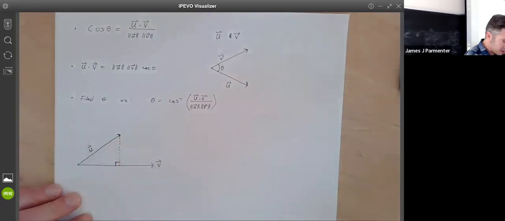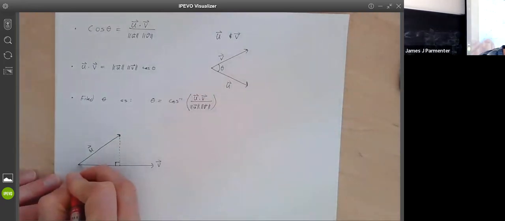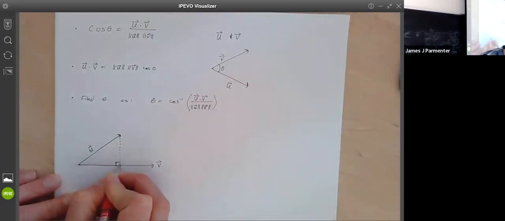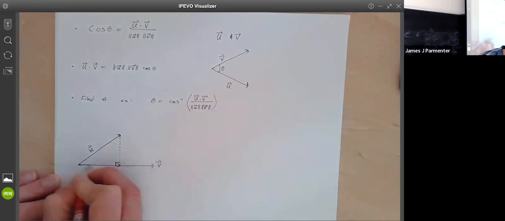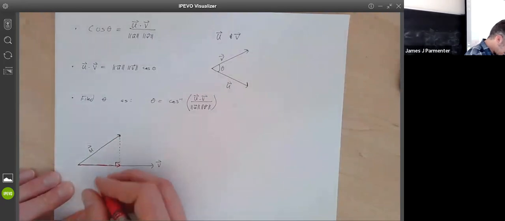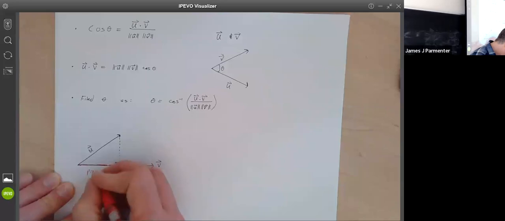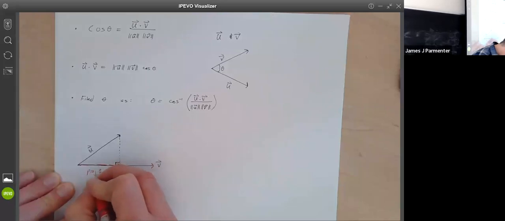This part here, let's get some red pen action going on. So this vector here that I'm trying to draw in red, see how well it comes out. This vector is the projection of u onto v.